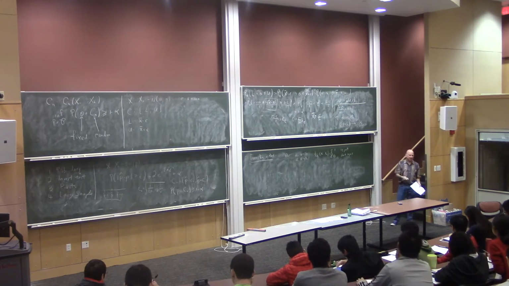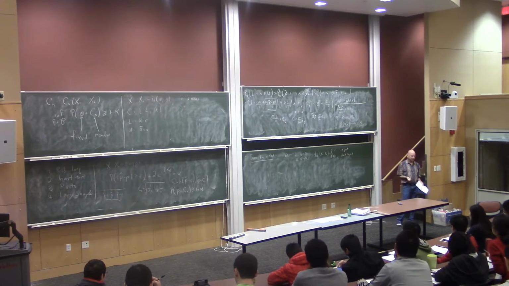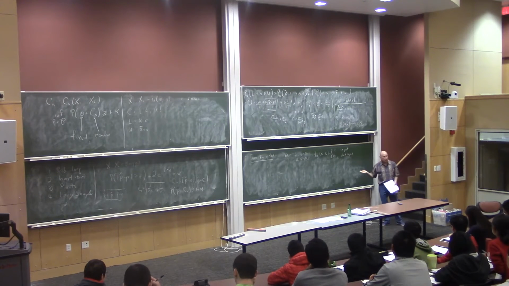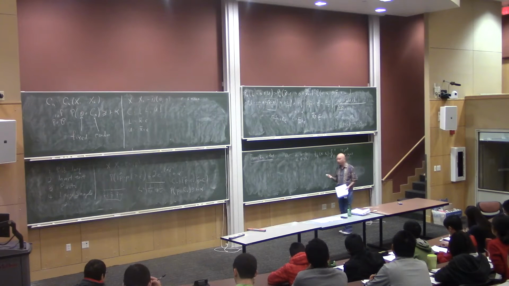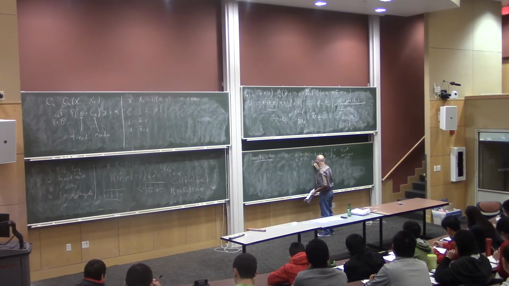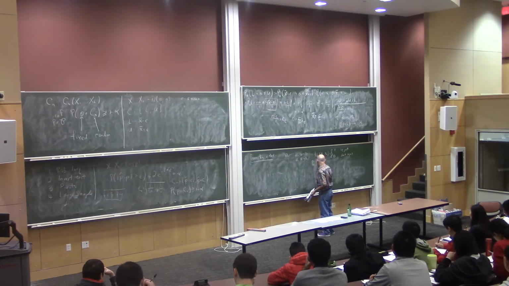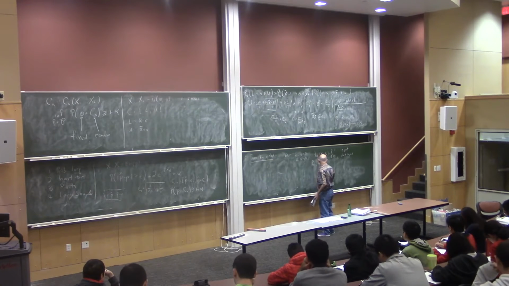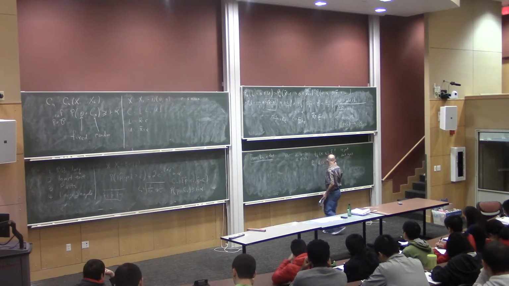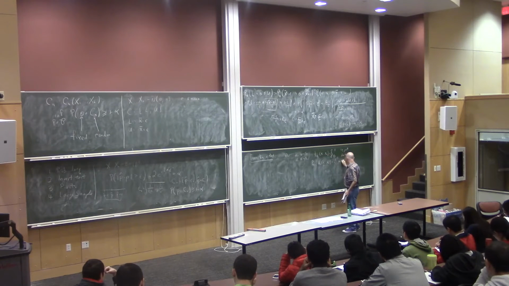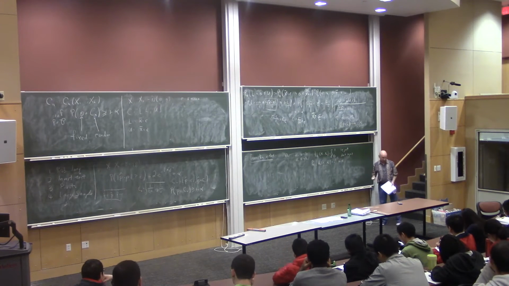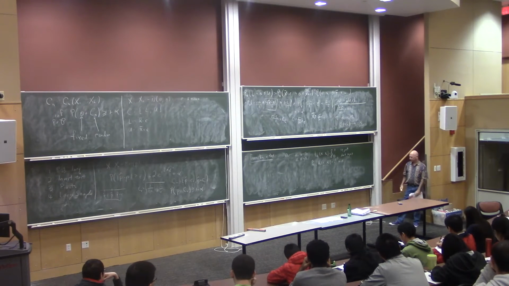So you give me the data, I'm going to test this hypothesis. And let's suppose we've constructed it so it's test size alpha, so that the probability when we know the null is true of rejecting is less than or equal to alpha. Probably equal to alpha, let's say less than or equal to alpha.